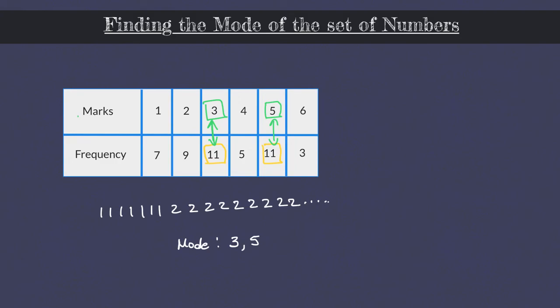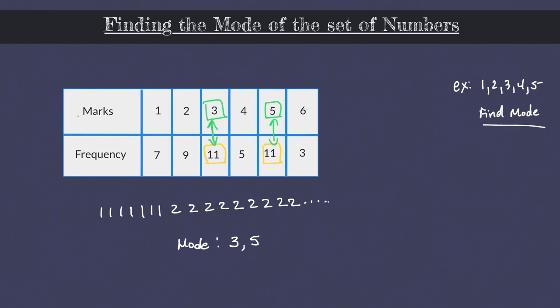So what that then makes you want to ask is, can I have multiple modes? And I kind of alluded to it in the first question. Yes, you can have multiple modes. However, if every number is repeated the same amount of times, then that's an example of having no mode. For example, if I'm given the data set 1, 2, 3, 4, 5, and I'm asked to find the mode, each number is repeated the same amount of times.